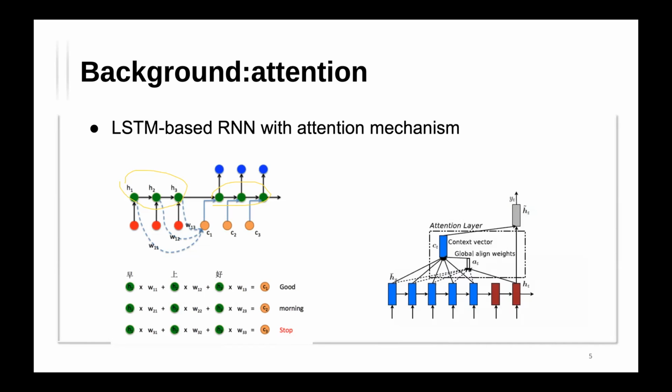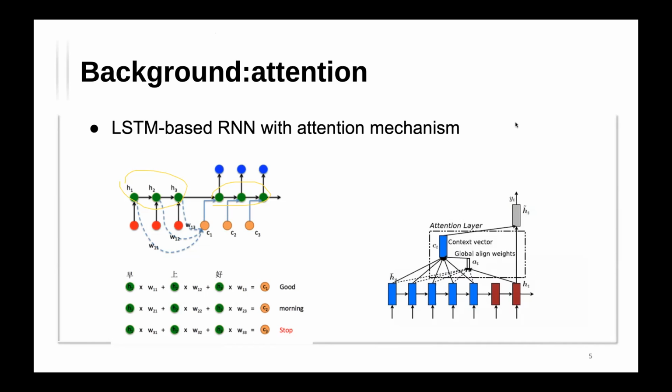Each input will be connected. So based on your graph, that means every input will have connections to each output, right? Yeah. By this weight series, it allows us to calculate the importance of each input to each output.